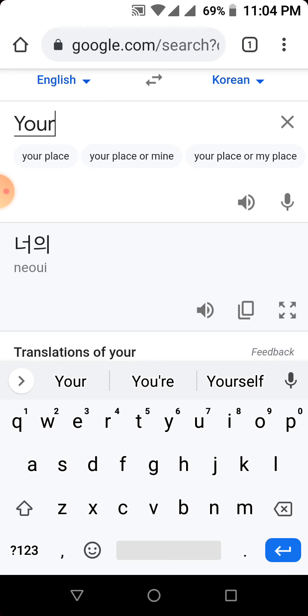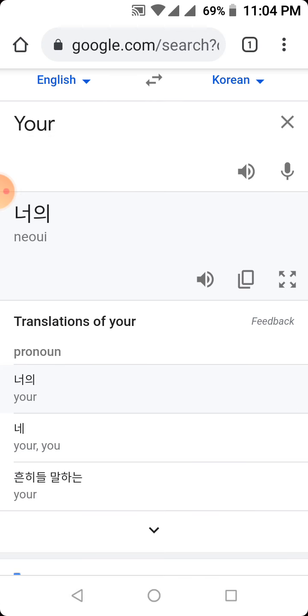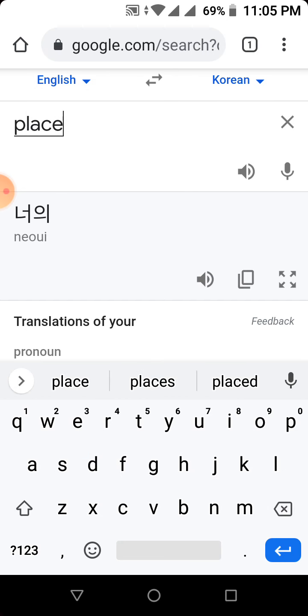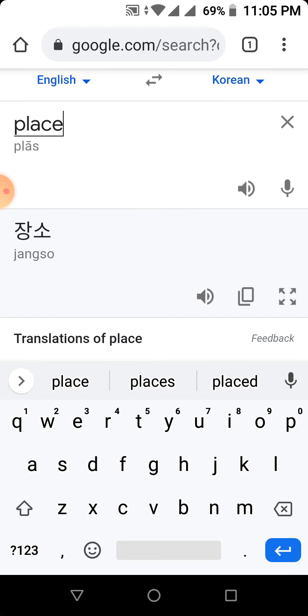Translation of your to Korean is new. Let us listen to its correct pronunciation. Neoui. So now you know the correct pronunciation of it. And next we have, I have here jangso.